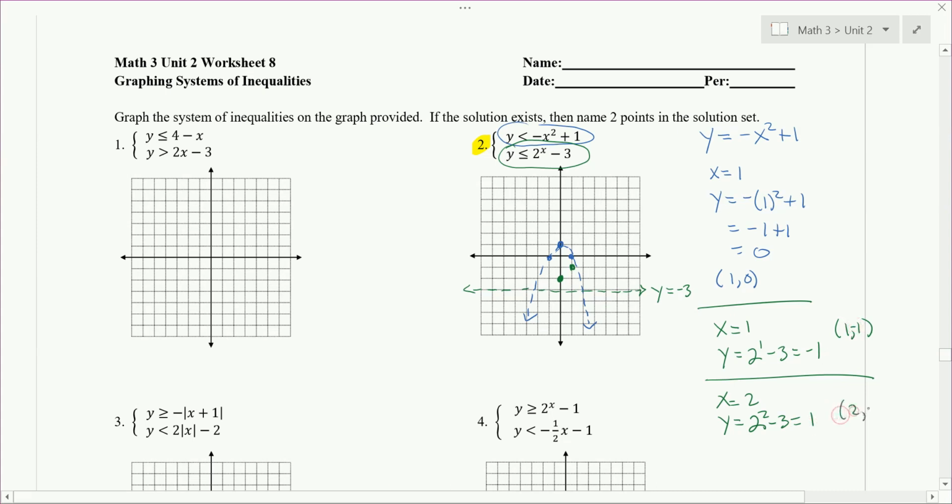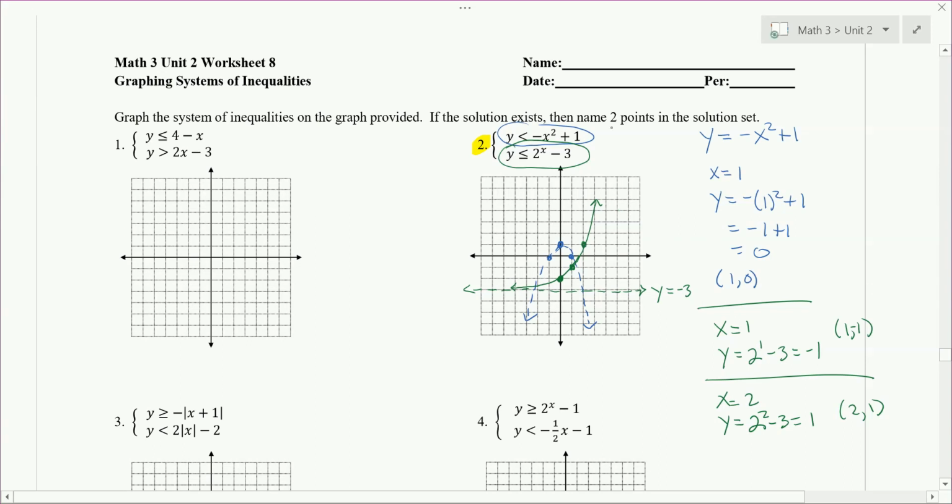So 2, 1 is the point I'm going to plot. And here's my graph. This time I have a solid curve. I'm not dashing the curve because we do have the equal sign. It's less than or equal, and so that's when it's going to be a solid curve.